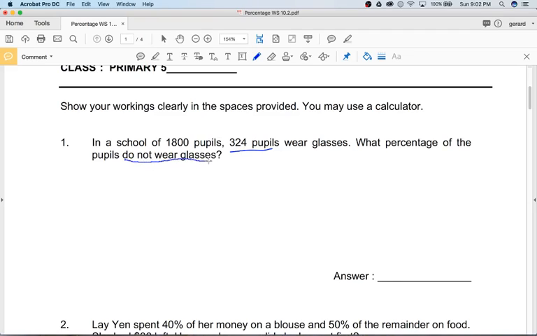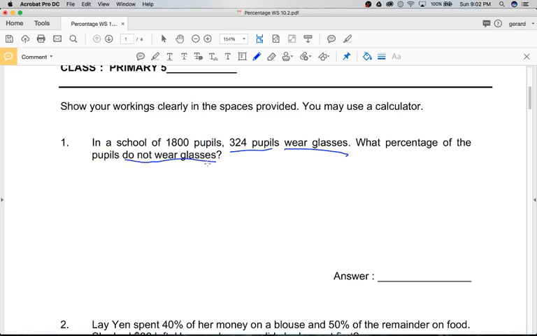Just like your other word problems with whole numbers or fractions, there are two ways we can find it. The first way is to find the percentage of the pupils who wear glasses, then take 100% minus the answer to get those who do not wear glasses.